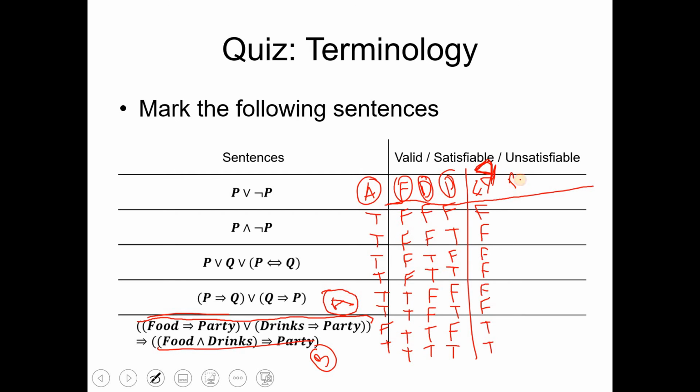So I will write over here B. So B is, I will say that food and drinks, whenever it is false, then I don't check output. Then it's true already. So that makes things simple. Now for the last two cases, when food and drinks is true, now the party should be true.